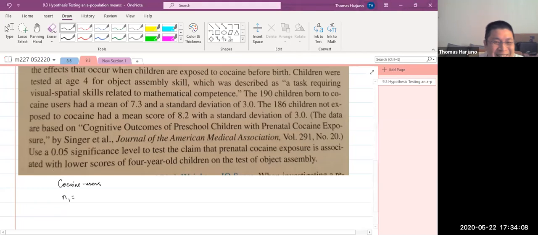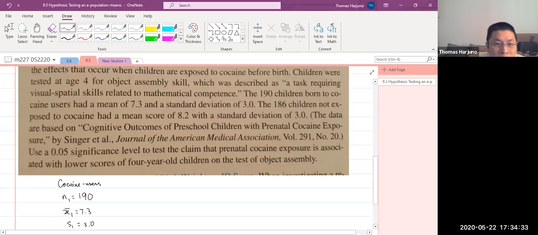Okay. Now, cocaine users. We have 190 children born to these cocaine users. The sample mean is 7.3 and the sample standard deviation is 3.0. Now, 186 children not exposed to cocaine.